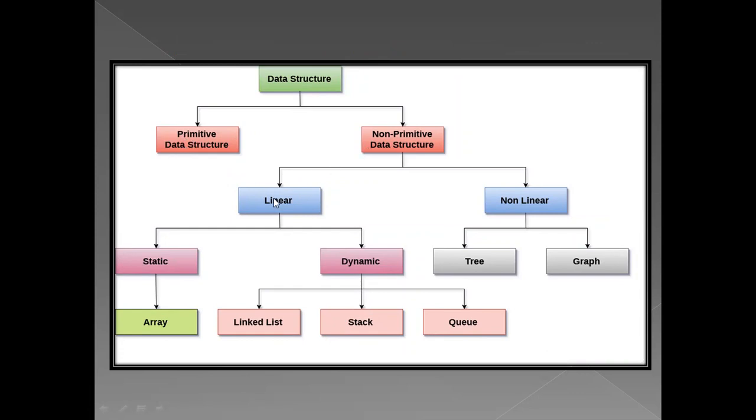Non-primitive are of two types, linear and non-linear. What do you mean by linear? Linear are those which have only one level, like an array. An array stores the data in consecutive memory locations, so it is of one level only. But in the non-linear, we have many levels.